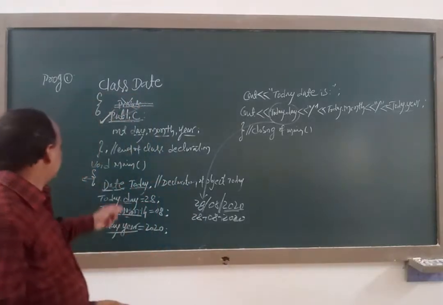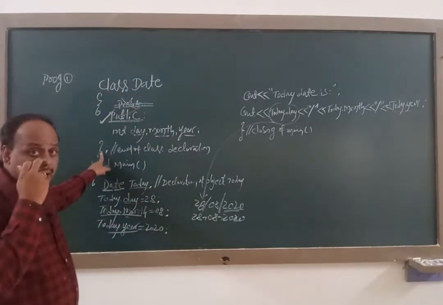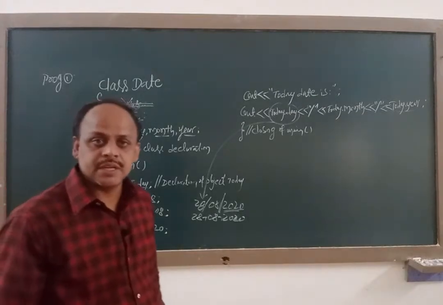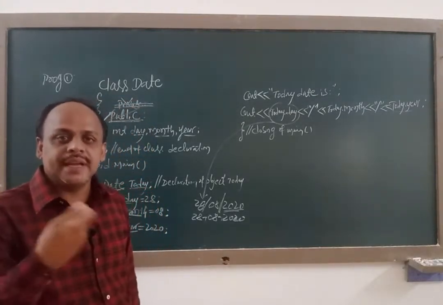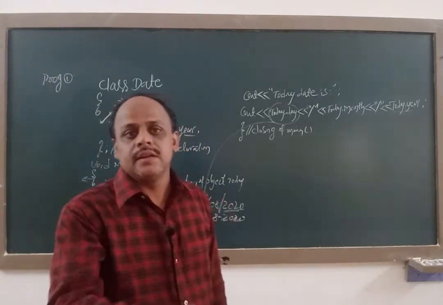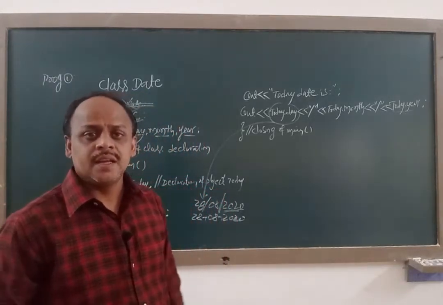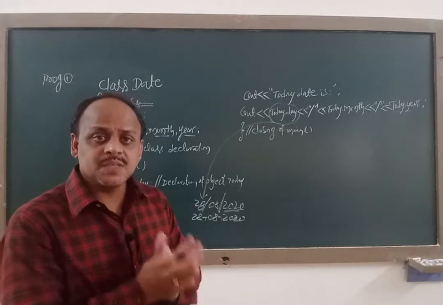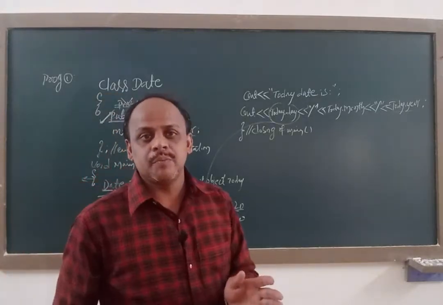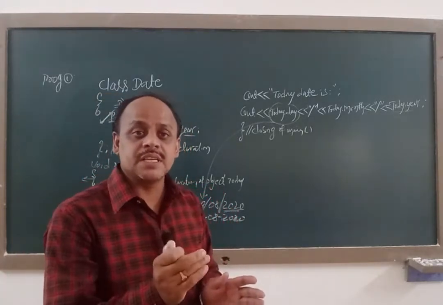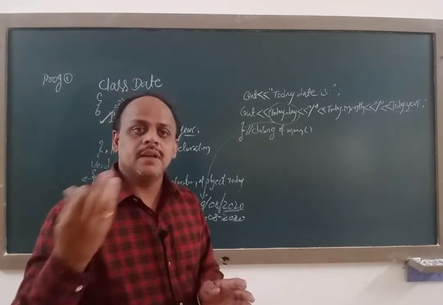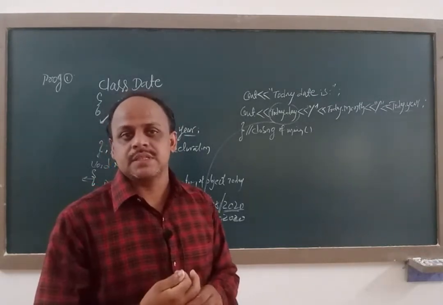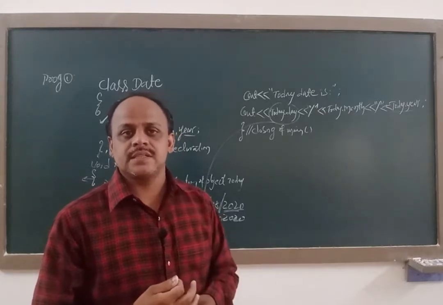That's why we did not consider any member function. If a necessity is there, then only we take member functions or data members. It is not mandatory, but generally a class contains data members as well as member functions with objects. We can declare any number of objects, we discussed it in the last session, right?